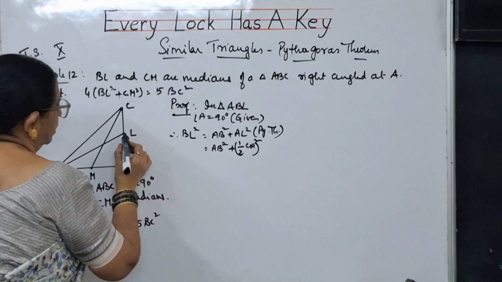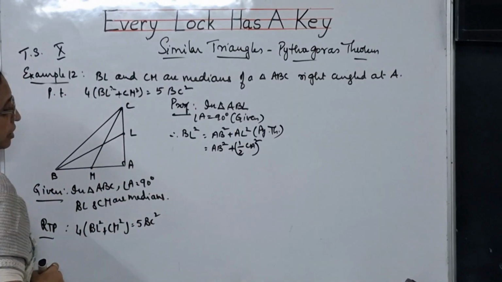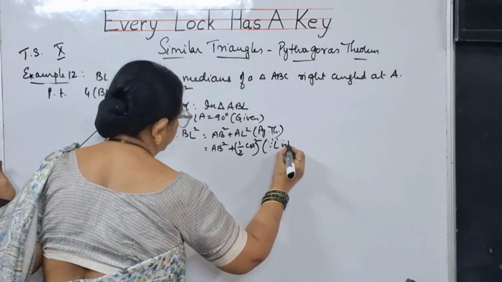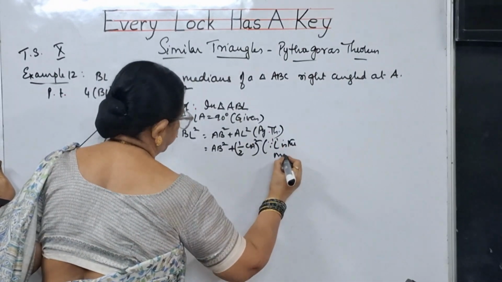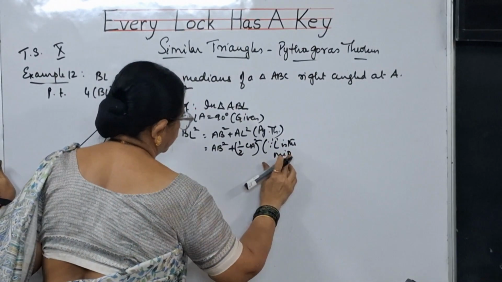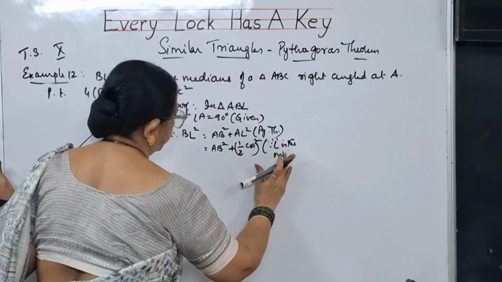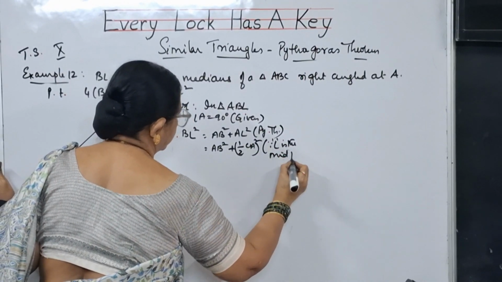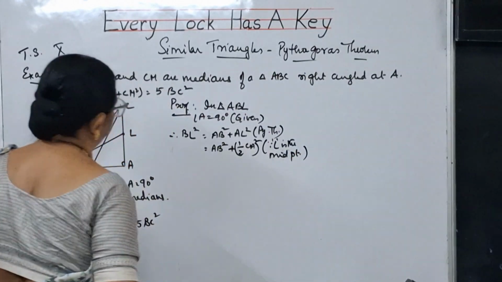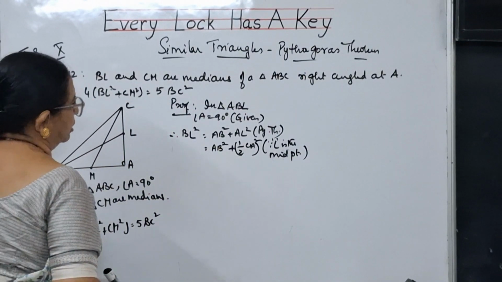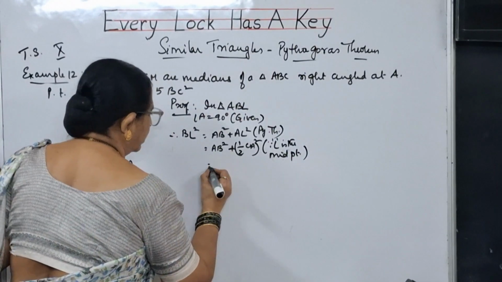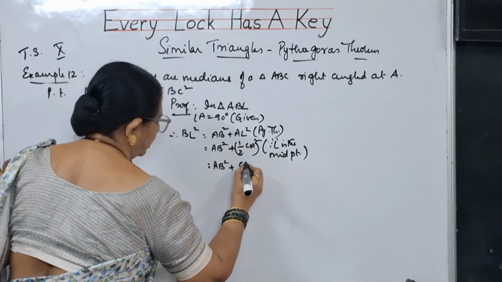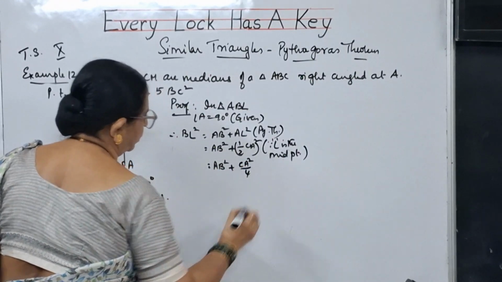Why is it? BL is the median. Because L is the midpoint. So AL is nothing but half of CA. That means AB square plus CA square by 4 you will be getting.